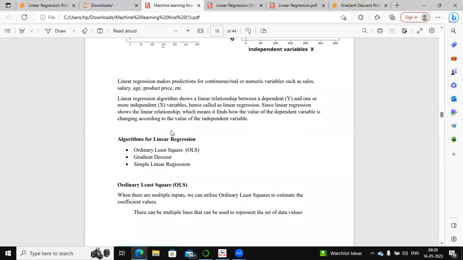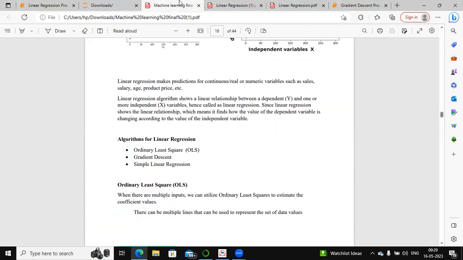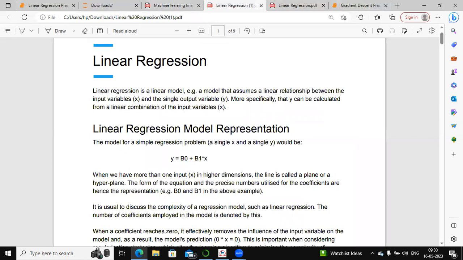So let me go to the next linear regression part and see some other concepts before dealing with the algorithms for linear regression. Okay. So linear regression is a linear model. As I said, this is a machine learning model, right?